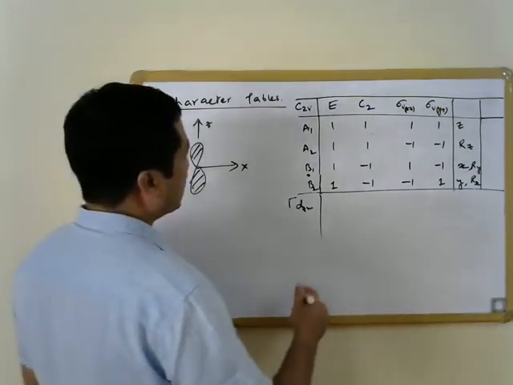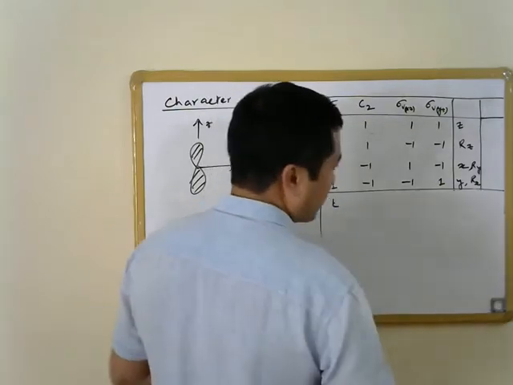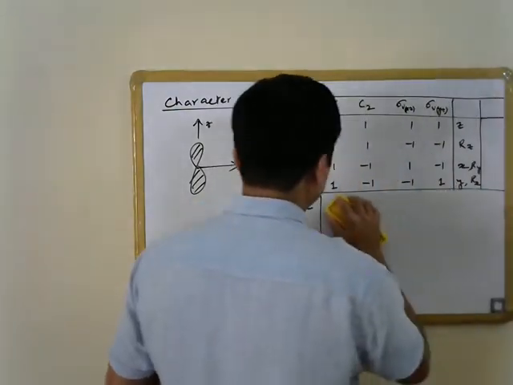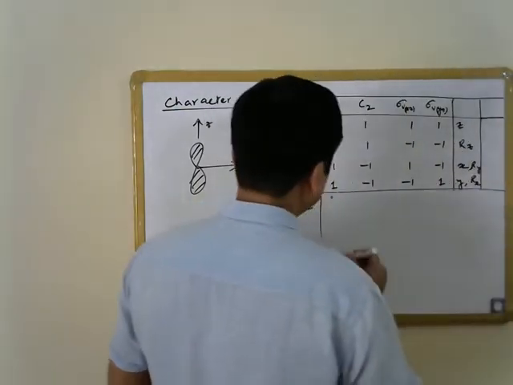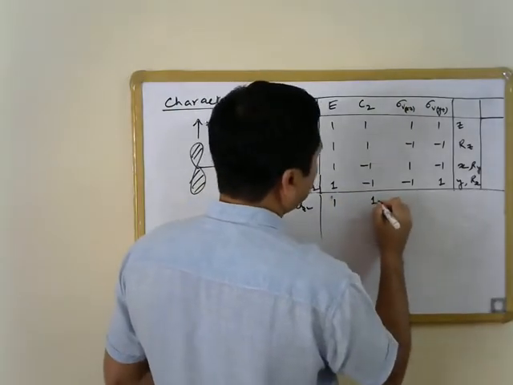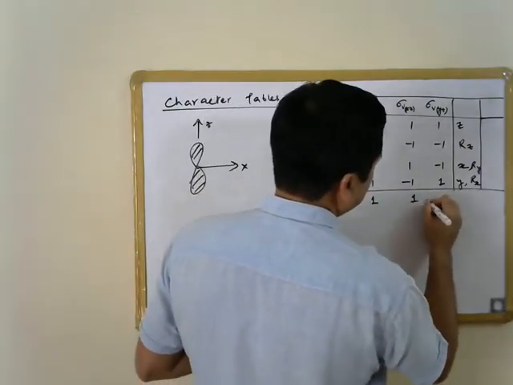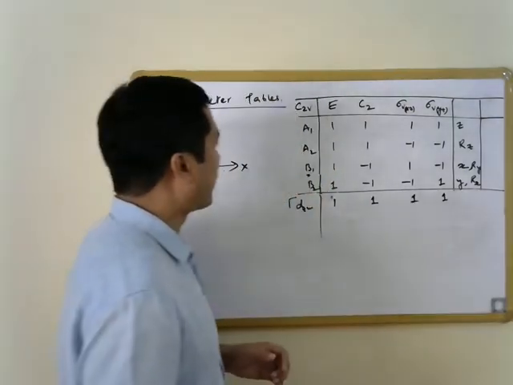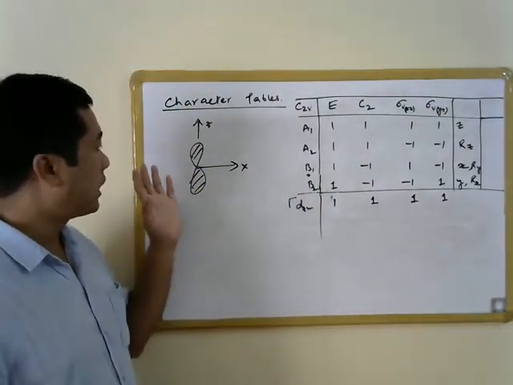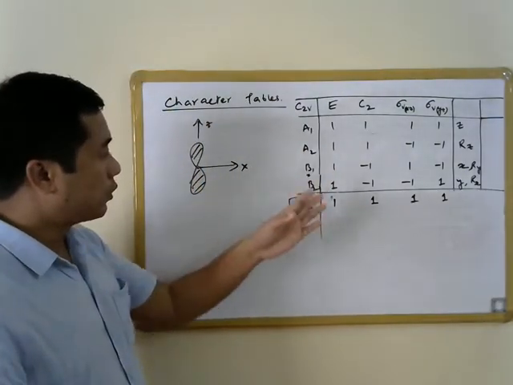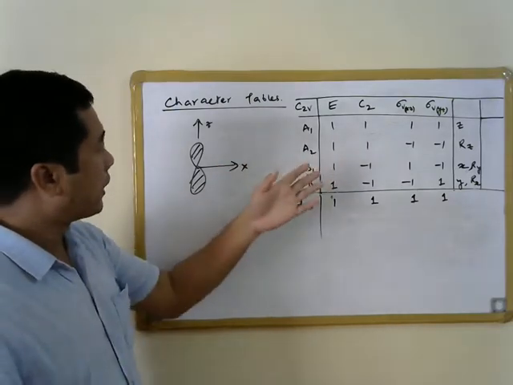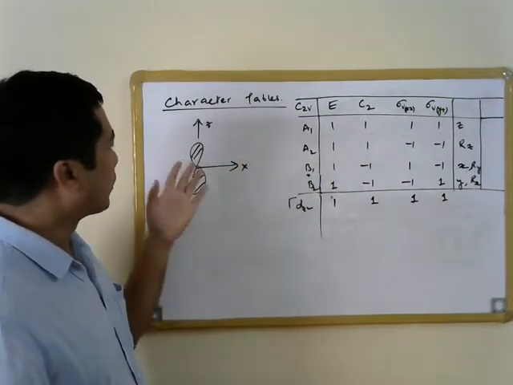So identity is plus 1, C2 is also plus 1, sigma v xz is plus 1, sigma v yz is also plus 1, because the symmetry does not change when we do the different symmetry operations of the C2v point group.